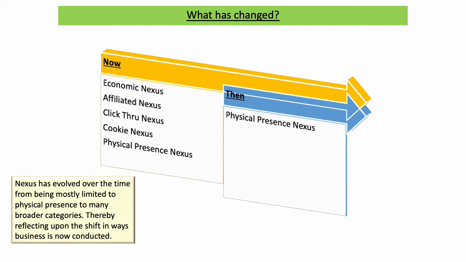You just place an order on a website and whatever you have ordered gets delivered at your doorstep. So in order to keep up with the times, the states have introduced newer rules and regulations to extend the sales and use tax arena to all the online retailers, so that they are not just restricted to a physical presence test.